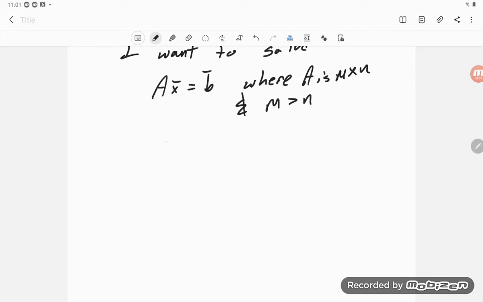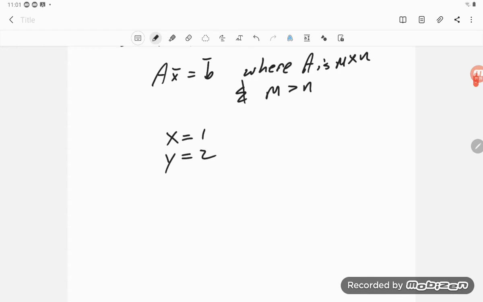So I have three equations, x equals 1, y equals 2, and I'm going to go with x plus y equals 4. They went with 3.001. But if you look at this, it's pretty obvious this is inconsistent, right? Because x is 1, y is 2. There's no way that x plus y is 4.